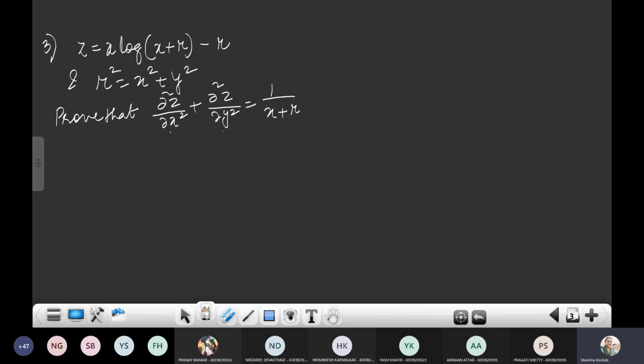So z is a function of x and r, but then r again is a function of x and y. So ultimately, z is a composite function of x and y.